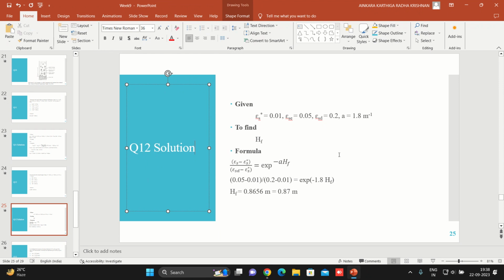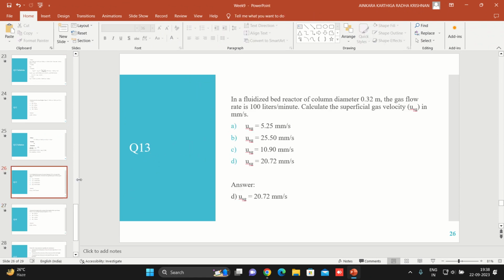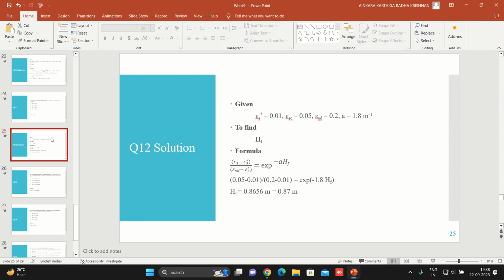So we are substituting epsilon se, epsilon sd and epsilon s star, which is already given in the question. On substituting all the knowns, we are able to find HF. So HF we are obtaining as 0.87 meter. So I hope it is clear. If not, look into it and we'll discuss if you have any doubts, or we'll move to the next question.